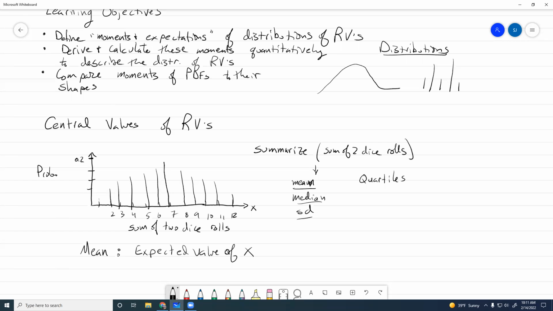Yeah, and in probability theory, expected value, which we write as big E of X, is equal to the mean. Or we'll write it another way, we'll write it as mu. And this is kind of a theoretical mean.